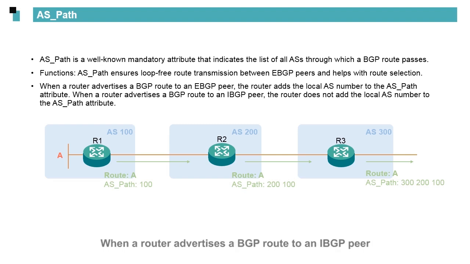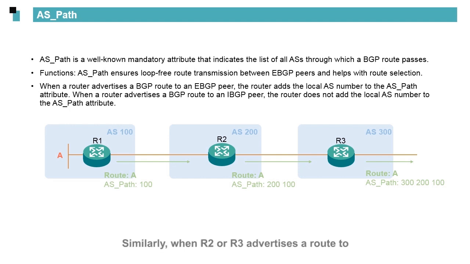When the router advertises a BGP route to an IBGP peer, the router does not add the local AS number to the AS path attribute. On the network shown in this figure, when R1 in AS 100 advertises a route to R2 in AS 200, R1 adds the local AS number 100 to the AS path attribute.